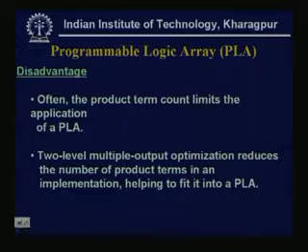In the first iteration, it may happen that the number of product terms is large, or the type of situation I just mentioned for PROM, where n, the number of input variables, is very large but only a few product terms are actually used.